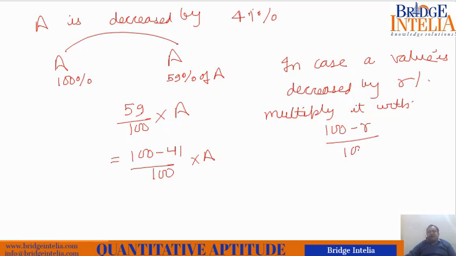Similarly 100 minus R by 100 into original value, you will get the final value. So this is the concept, that many a times it becomes easier if instead of speaking in terms of percentage, you try to solve things with the help of fractions. So we will take a few examples.